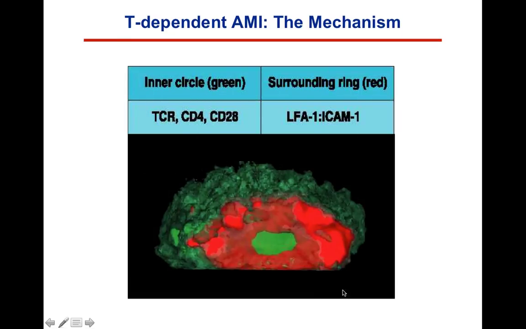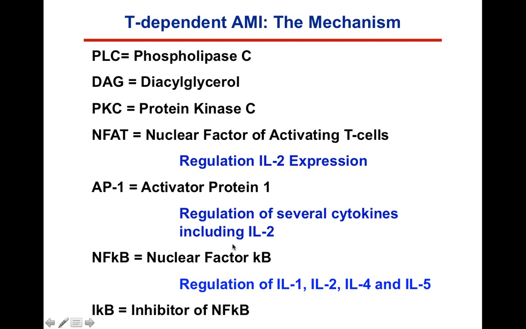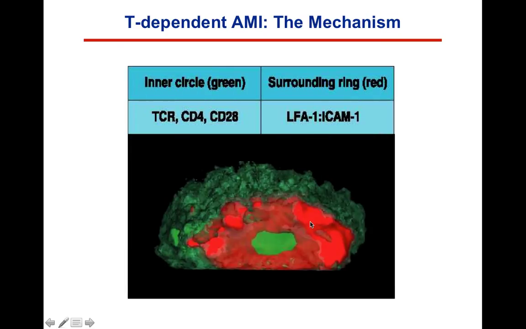This is now looking at a T cell in an electron micrograph. The red here is the LFA1, and then the T cell receptor and CD28 are all corralled in this little circle here. So this is like the LFA1 fence that corrals the T cell receptor.